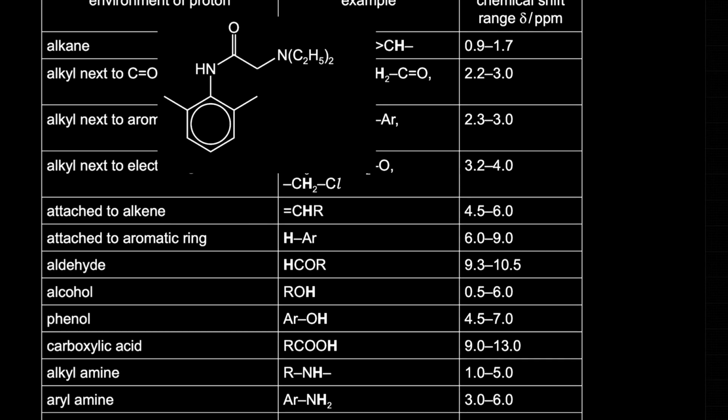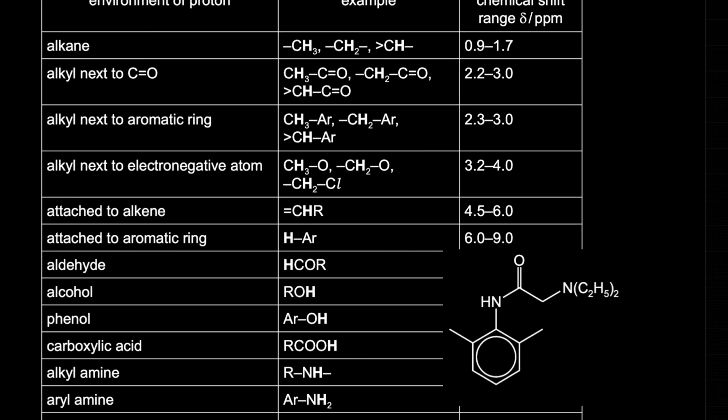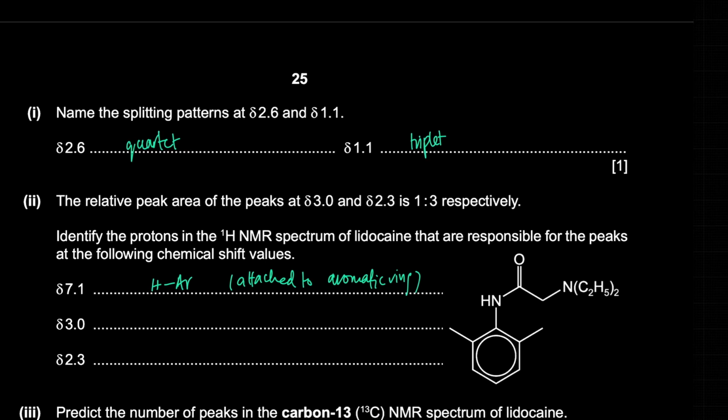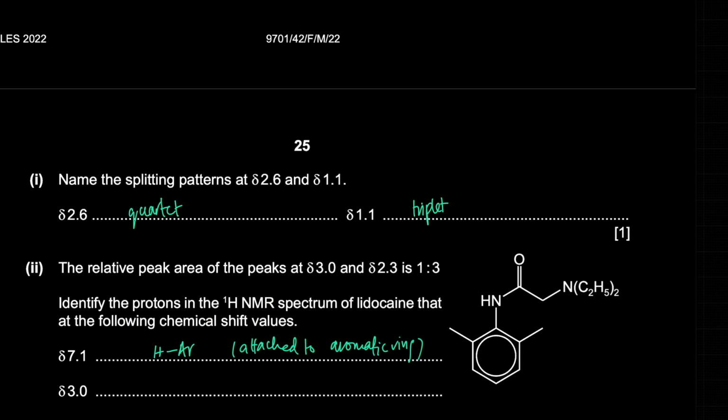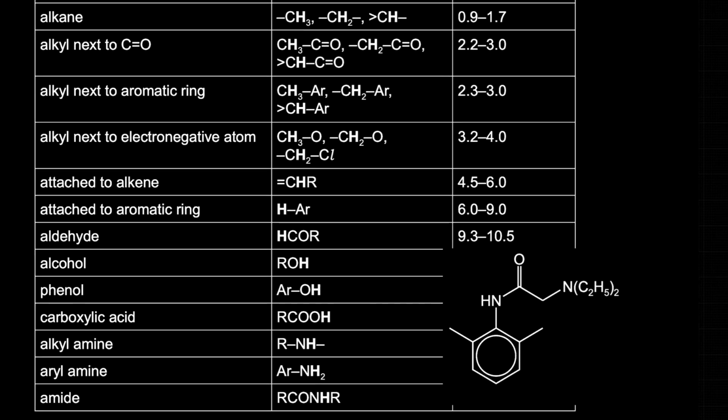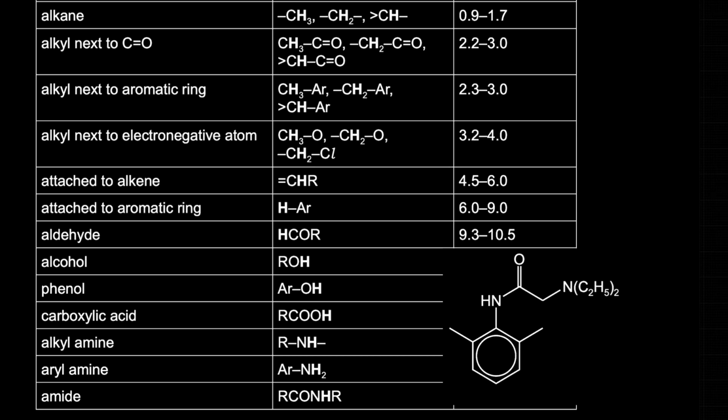The question says that the peak at 2.3 has 3 times the area of the peak at 3.0. Sorry, not height, the area is 3 times as much for the peak at 2.3.